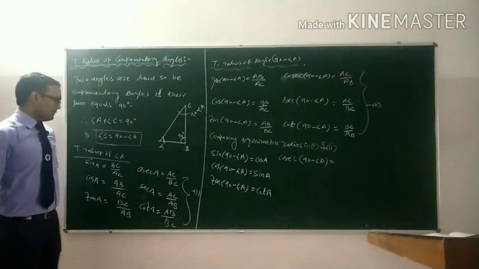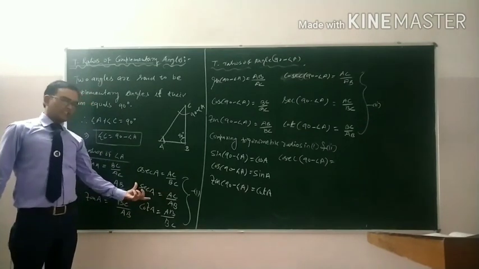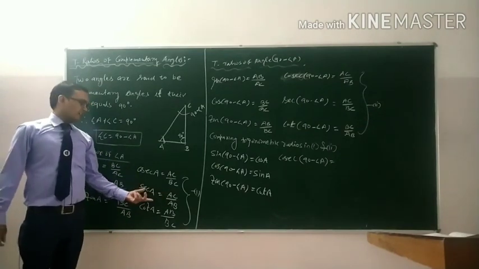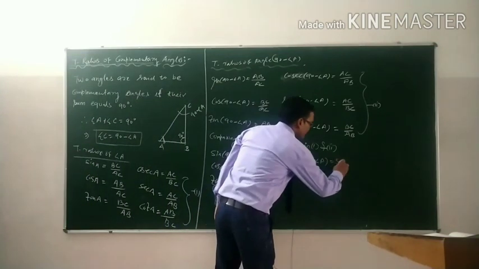AC upon AB is the value of sec A. In place of AC upon AB, we write sec A.